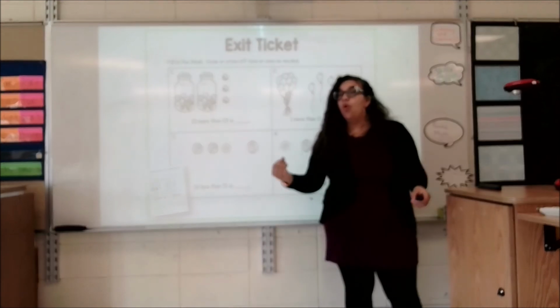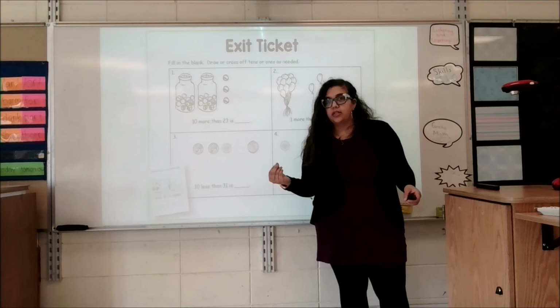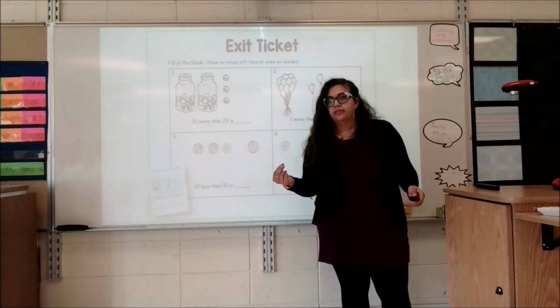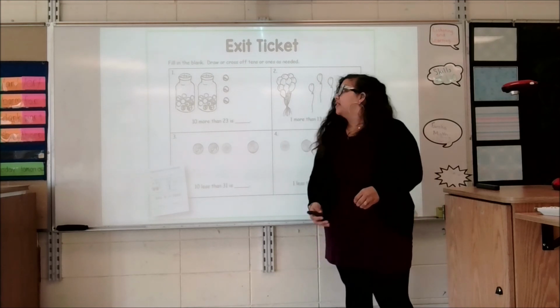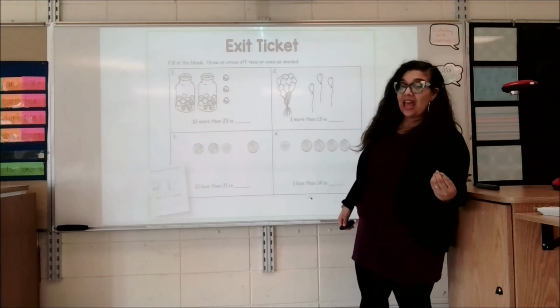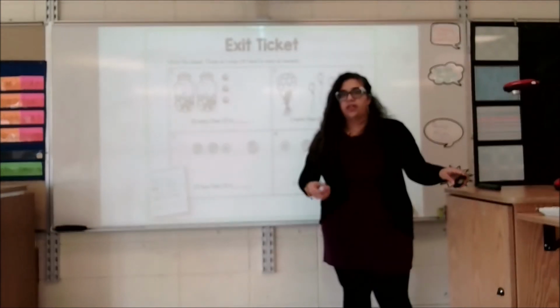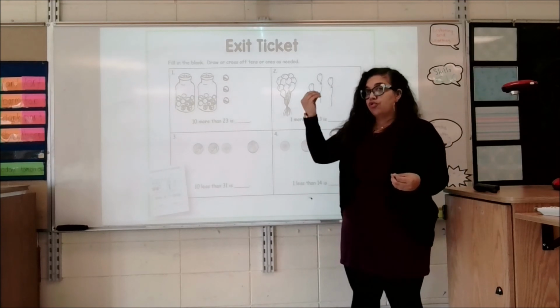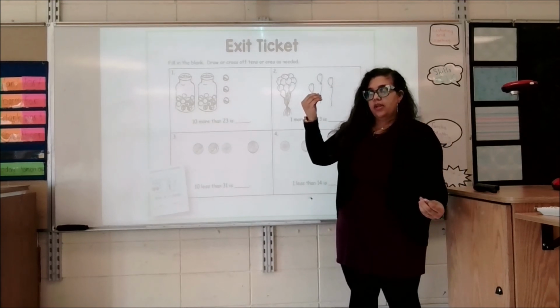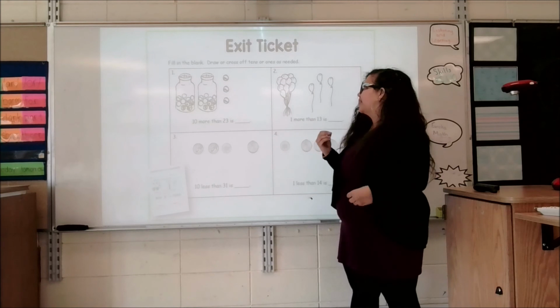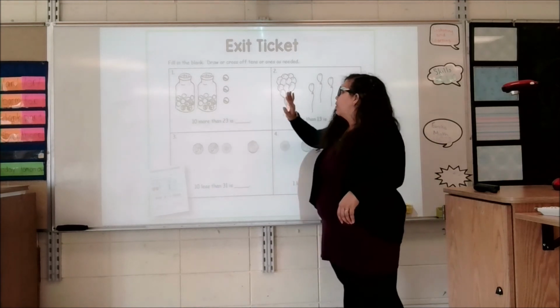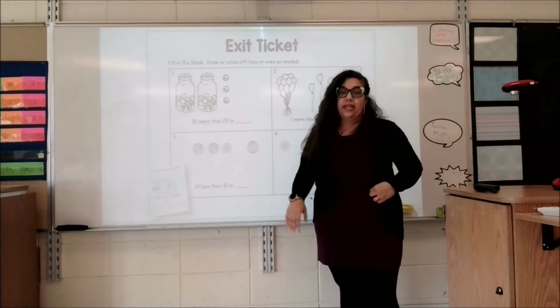So if it says more, am I drawing or crossing off? I'm drawing. If it says less, am I drawing or crossing off? Crossing off. Good. So we're going up or we're going down. We're going to draw or cross them off. More or less. And we've got some marbles, some balloons, and some dimes and pennies.